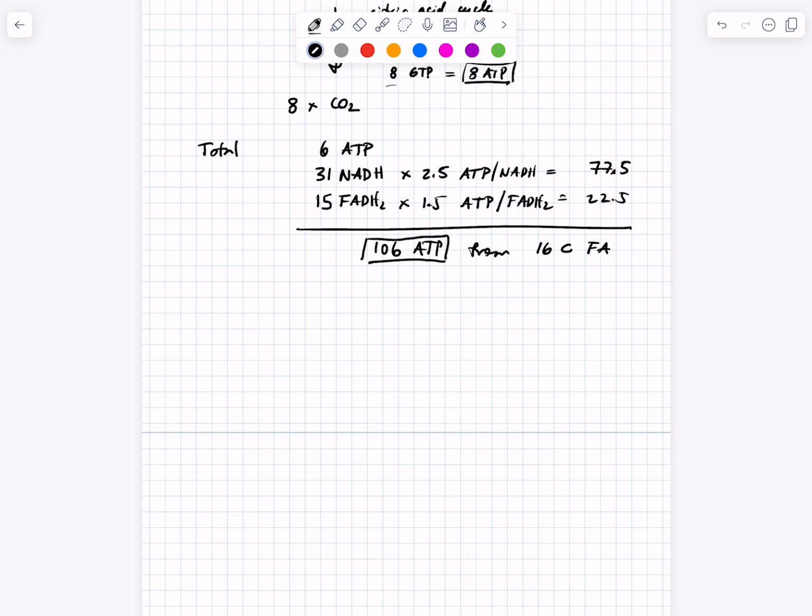Now, let's envision a triglyceride where each of the fatty acid chains has 16 carbons. So overall, that would be 318 just from the fatty acid portion. 318 ATPs from fatty acids.